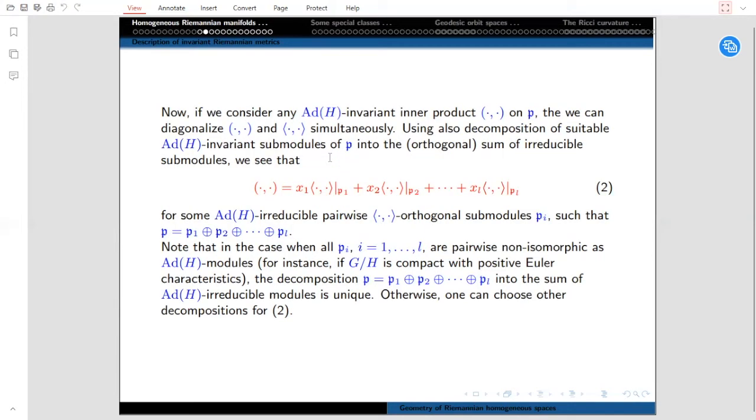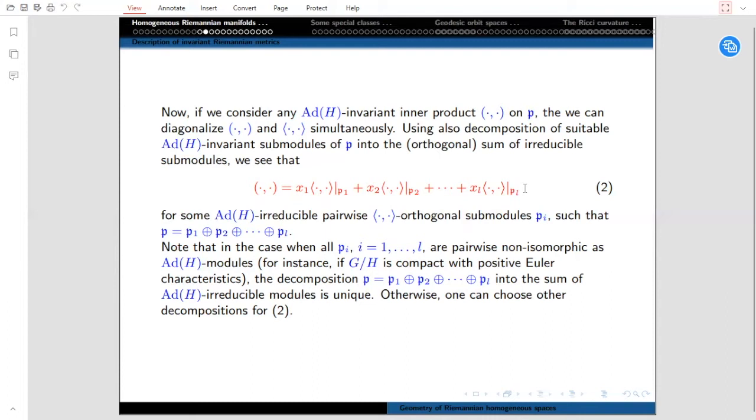You can take any Ad H-invariant inner products, and you can consider one as a modification of the second one. And x1, x2 is some scalar multiple? Yes, positive scalar multiples, because it's a Riemannian manifold. Okay, of course, sure.